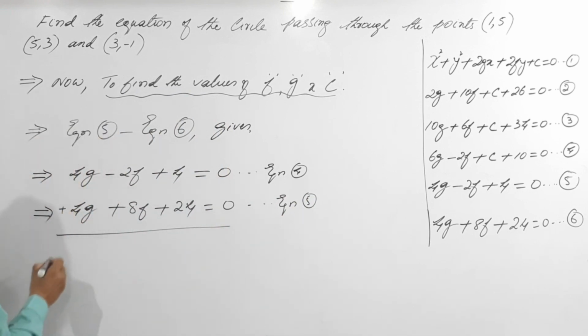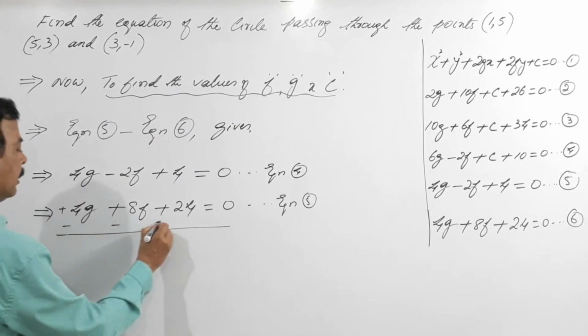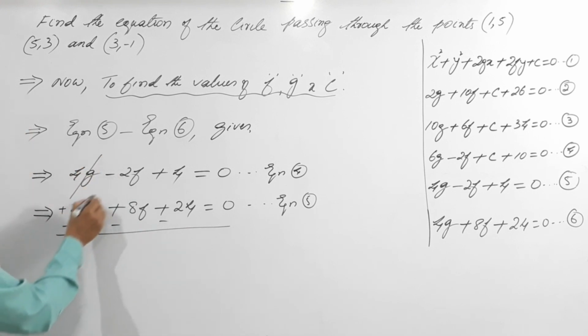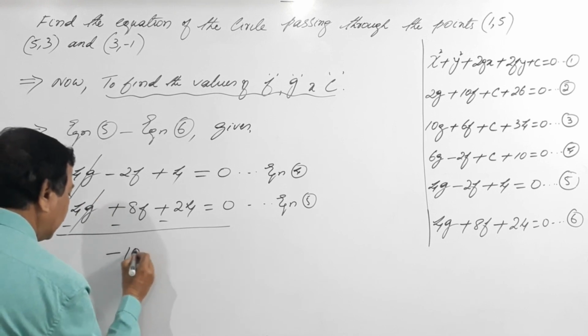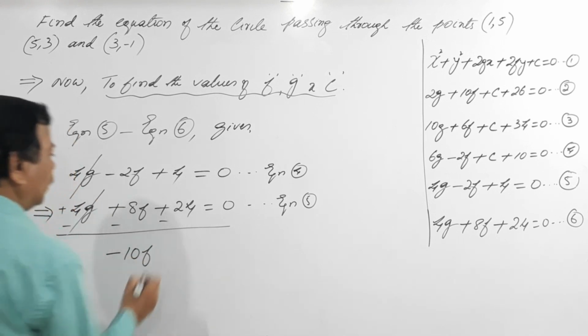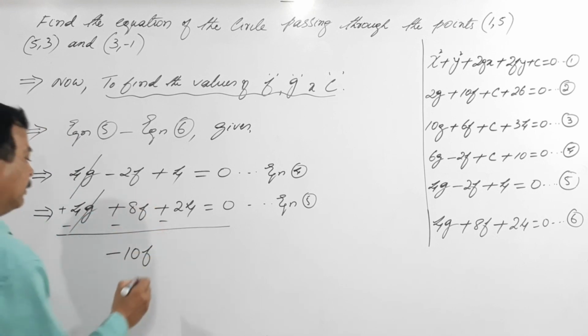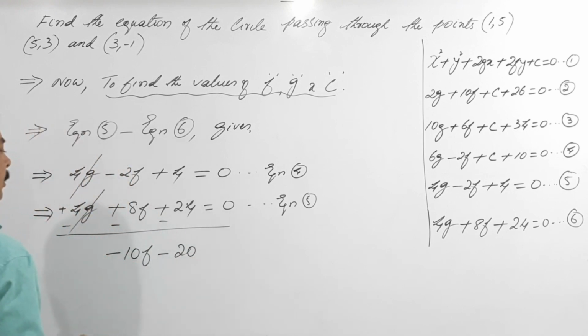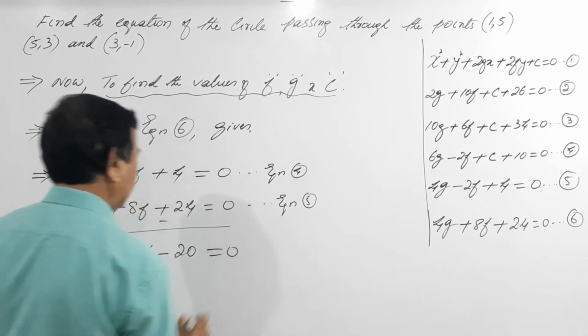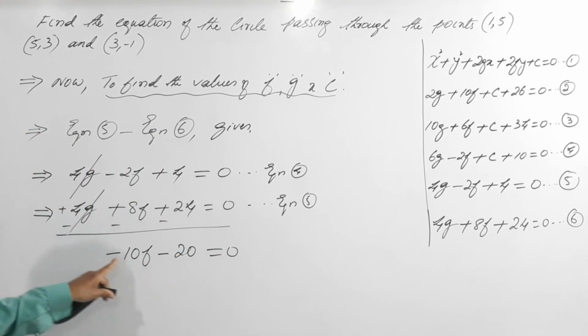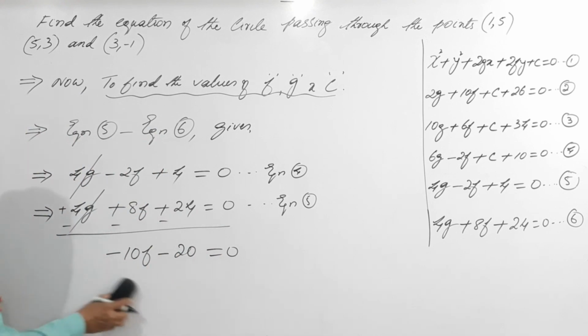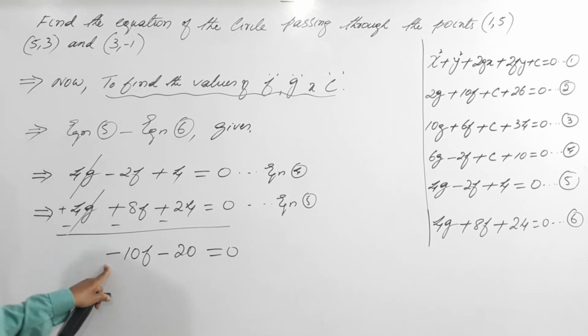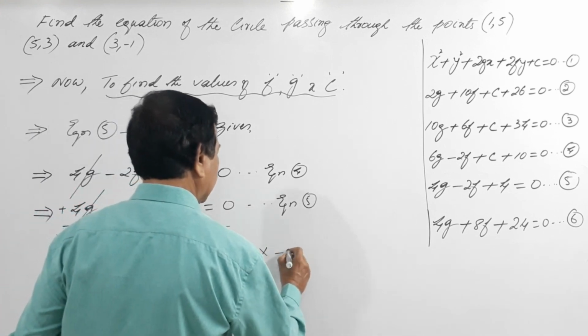We have alternate signs, so plus will be minus, plus will be minus, and this will be a minus. So plus 4G minus 4G cancels. What happens here? Minus 10F plus 4 minus 24, that becomes minus 20, equals 0. So both sides have minus. I don't want this negative sign, I hate negativities. So multiply with minus.